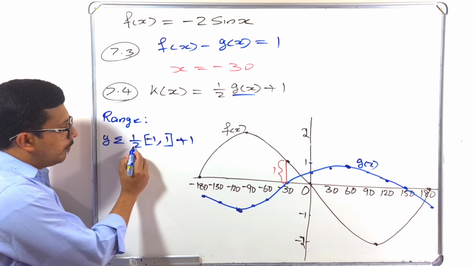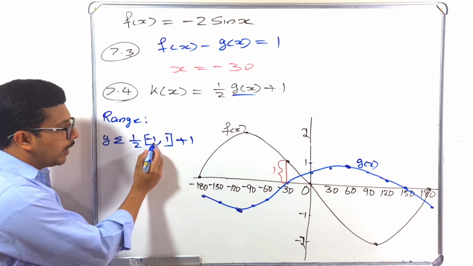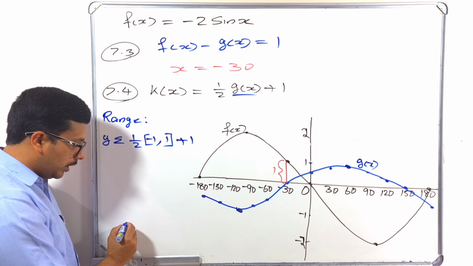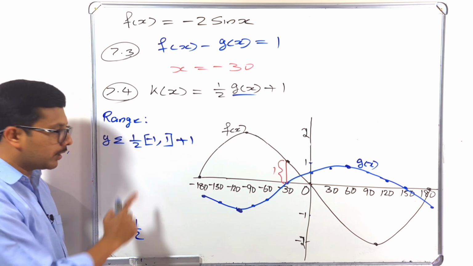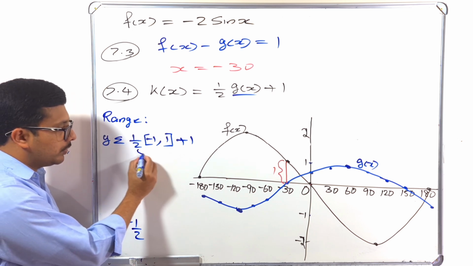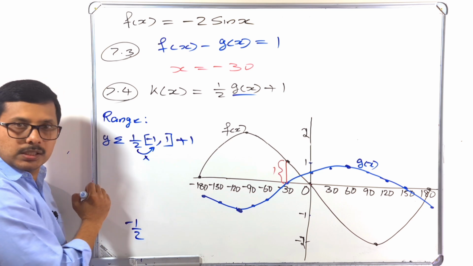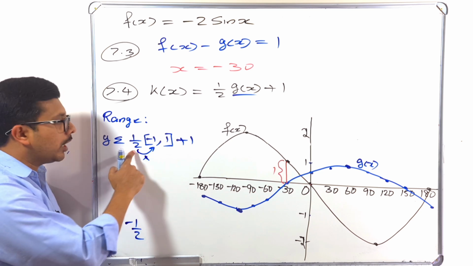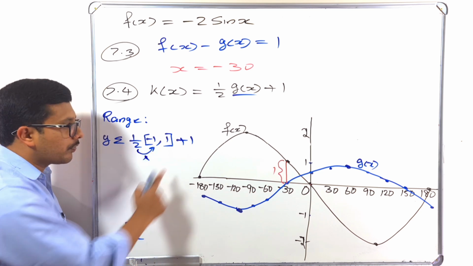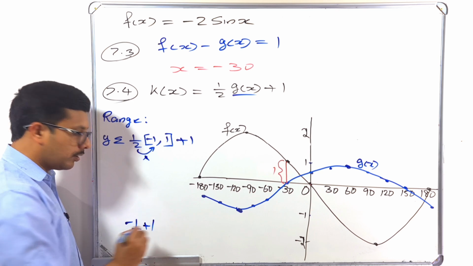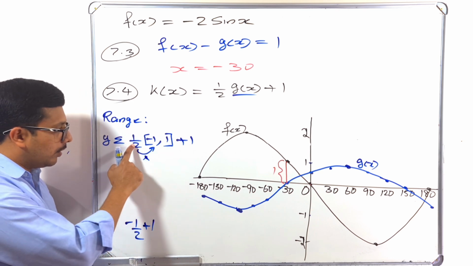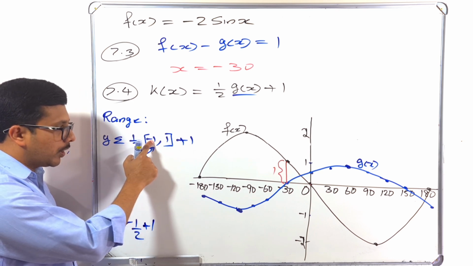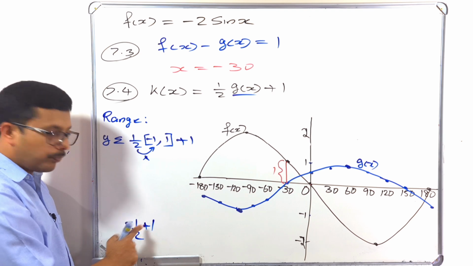Half times minus 1 is minus half, then plus 1.